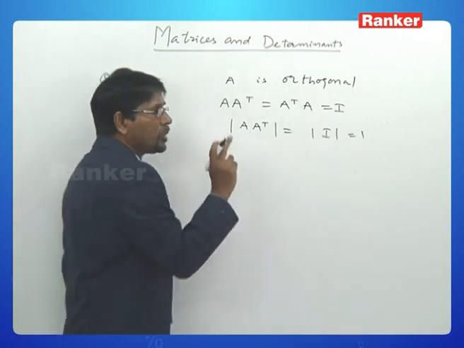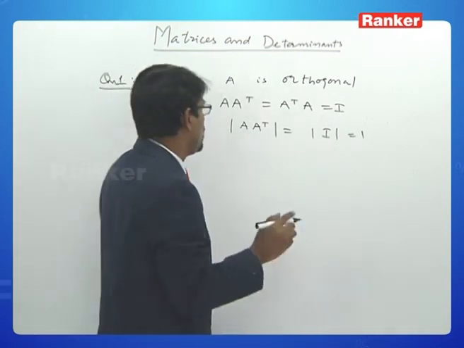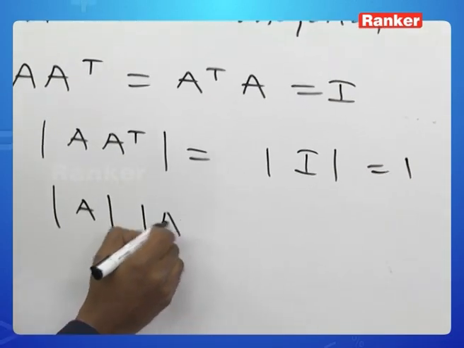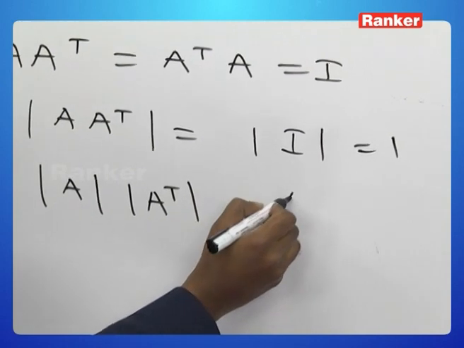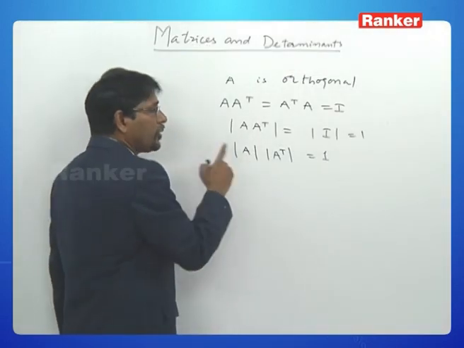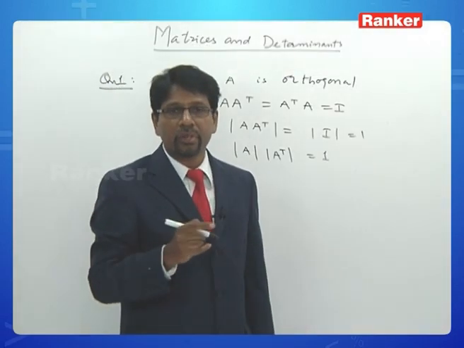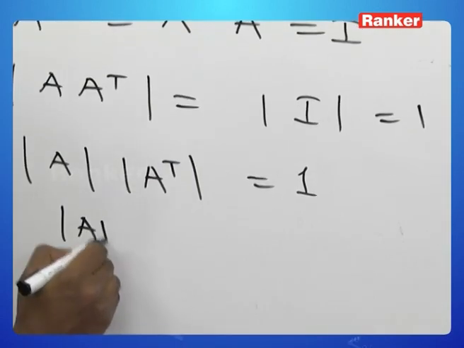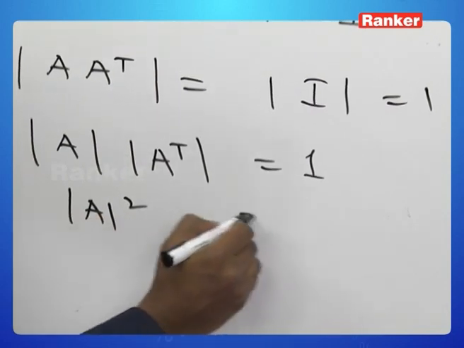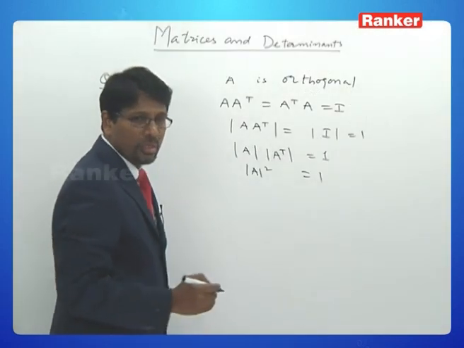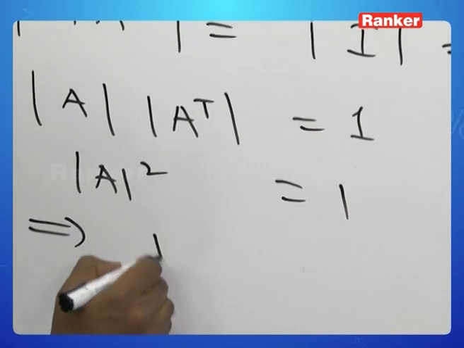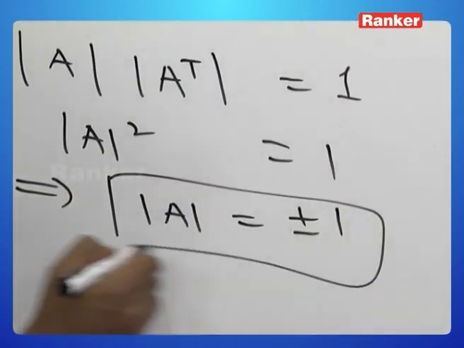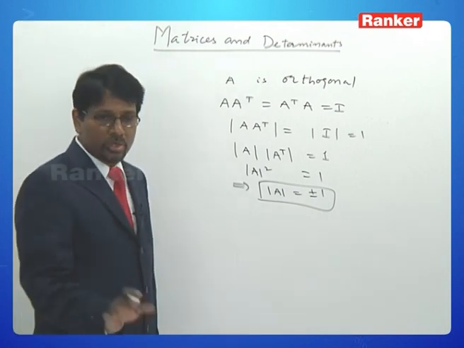But what is the determinant of the product of 2 matrices? It is the product of the determinants, and that's equal to 1 here. But we also know that determinant of A transpose is equal to determinant of A. Therefore, this becomes determinant of A into determinant of A, det A squared. So this gives me that det A is plus 1 or minus 1. So the first statement has to be true.